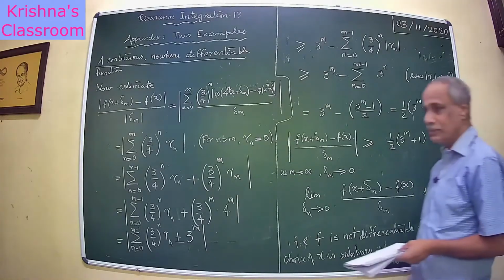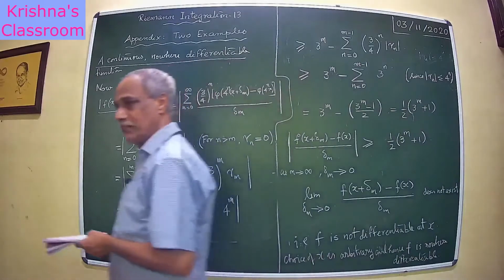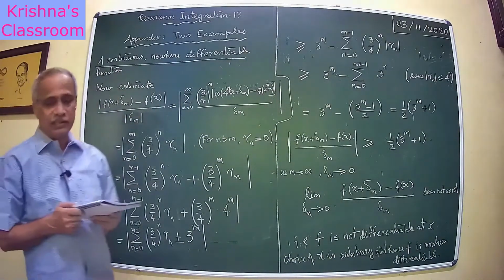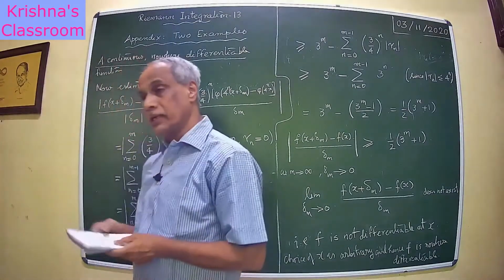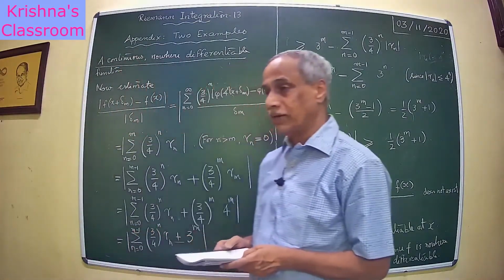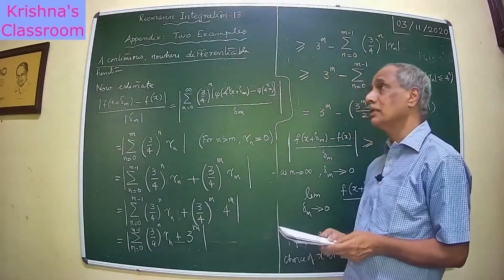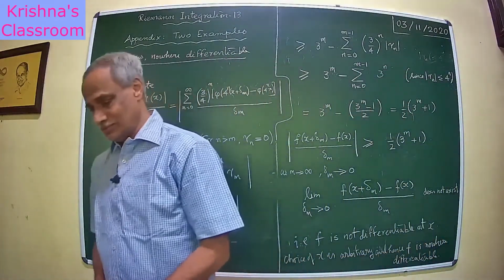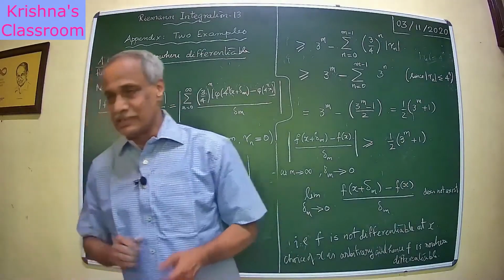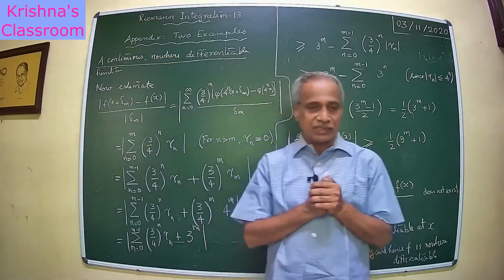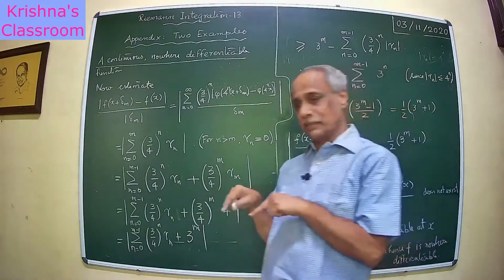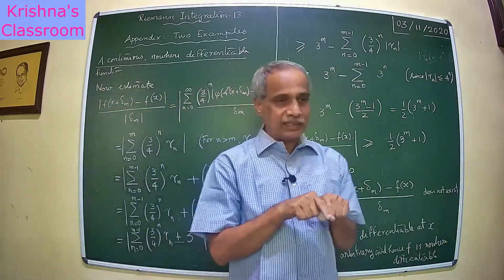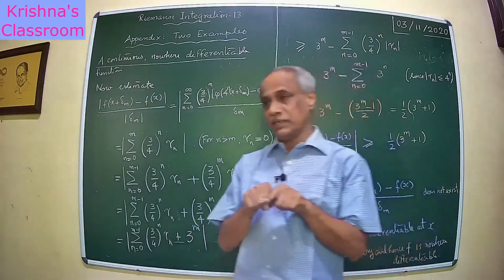So that is what it is all about. The f that we have constructed fails to be differentiable at any point, in spite of the fact that it's a continuous function. And this is one factor that you look at in both these examples, the example 1 and the example 2 that we have considered, is we make use of an infinite series.